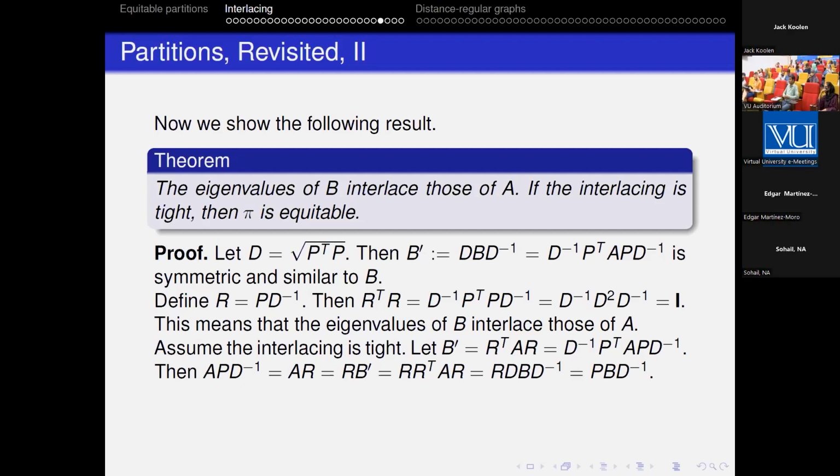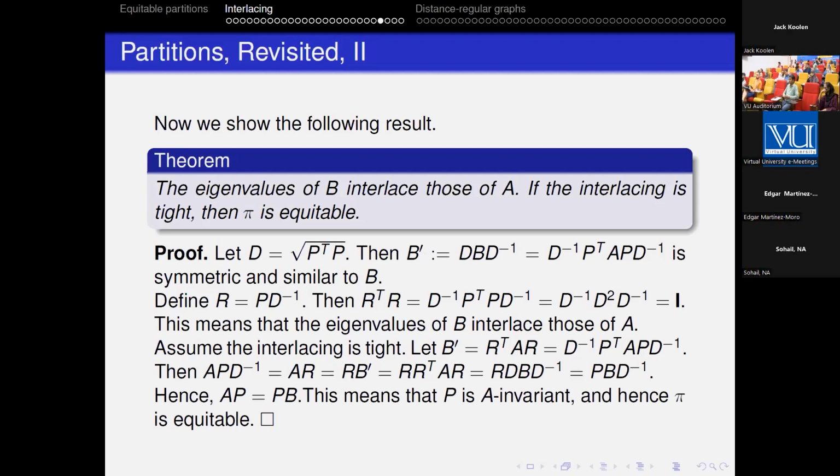Yes. So that means AP is PB. Yes, because D inverse D is invertible. So that means that P is A invariant. And that we have shown before: if P is A invariant, then the partition is equitable. This means that the partition pi is equitable.